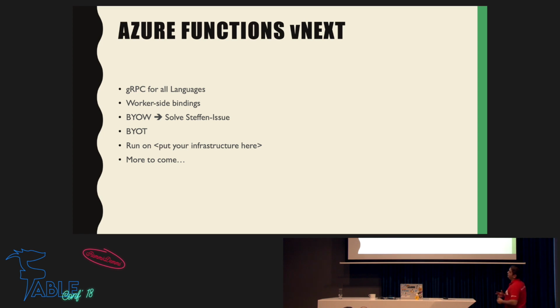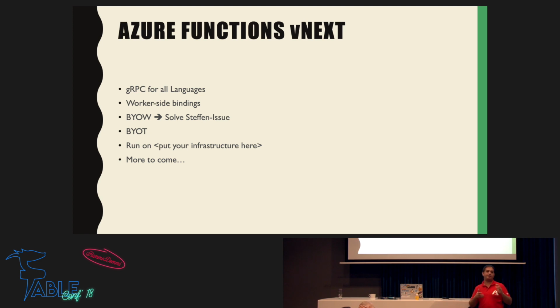By using gRPC, we can have all the workers, all the languages, run out of process. The host gets the trigger, packages all the necessary data into a protobuf, and sends it to the worker.